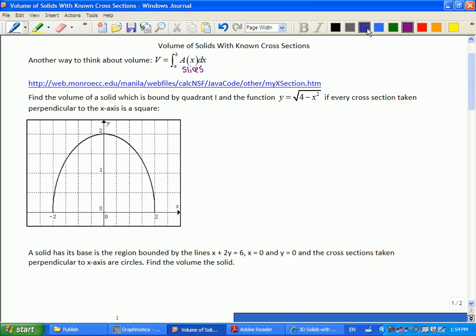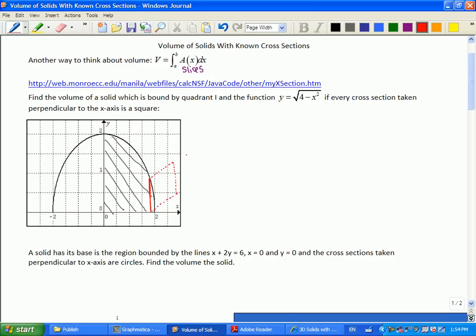So this is my figure, this is what I'm looking for. And I'm taking it perpendicular to the x-axis. So if you draw one of the representative squares, it would look like this, perpendicular to the x-axis. You have to do your best to imagine my terrible three-dimensional drawing skills, but it's basically coming out like that.